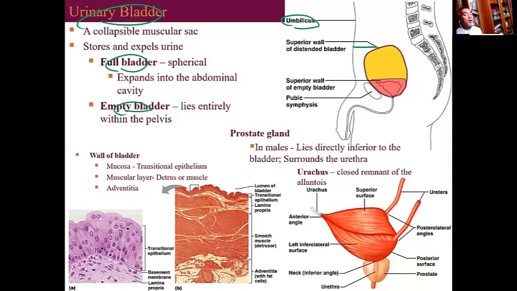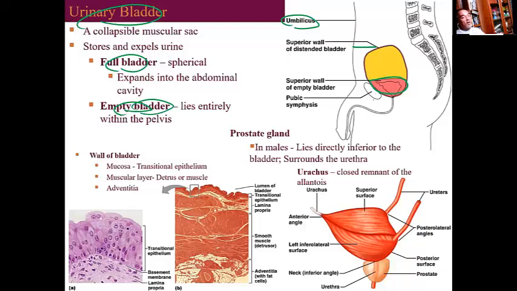Remember, you don't want to always have this problem in which you retain fluid in your bladder. If you feel that fullness, you gotta let go and urinate, okay? And the flat bladder, meaning the empty bladder, is located in the pelvis.